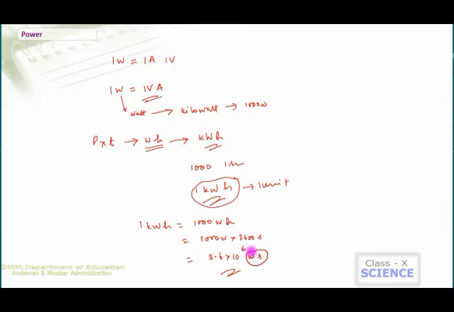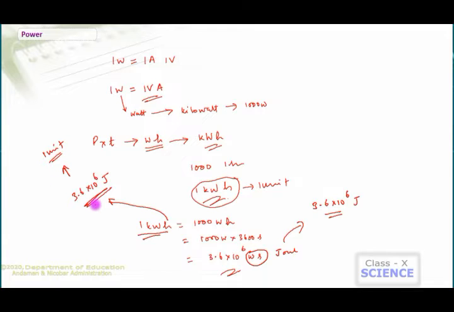This watt second is the unit of energy, which is expressed in joules. So we can write it as 3.6 into 10 to the power 6 joule of electrical energy. So 1 kilowatt hour is equal to 3.6 into 10 to the power 6 joule of electrical energy, and this we call 1 unit for commercial purposes. On the basis of this, let us do some numerical problems.